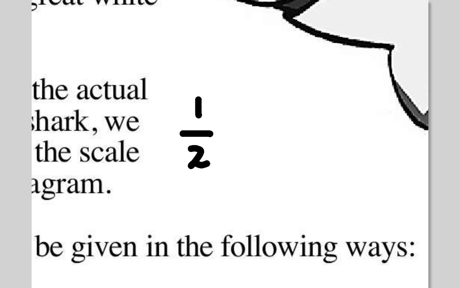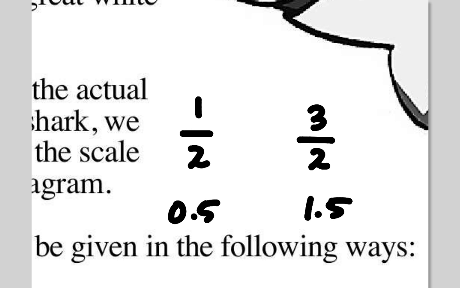Smaller. If you multiply by 3/2, smaller or bigger? Bigger, because the number that goes first is larger. Okay? And the decimals for these would be 0.5 and 1.5.